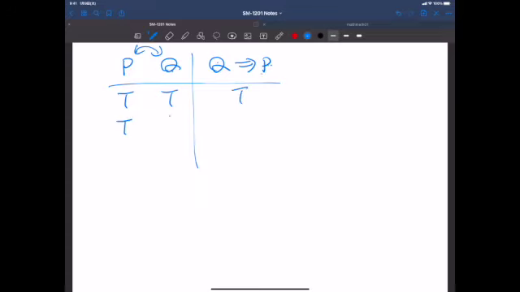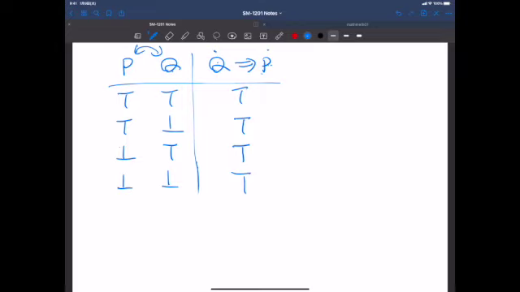If P is true and Q is false, then Q is false and P is true, so this should be true. And if P is false and Q is false, then Q is false, the premise is false, then whatever the value of P, the implication is true.